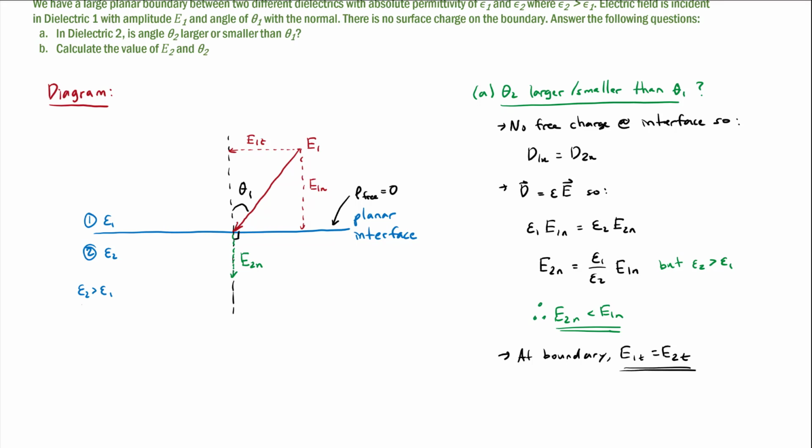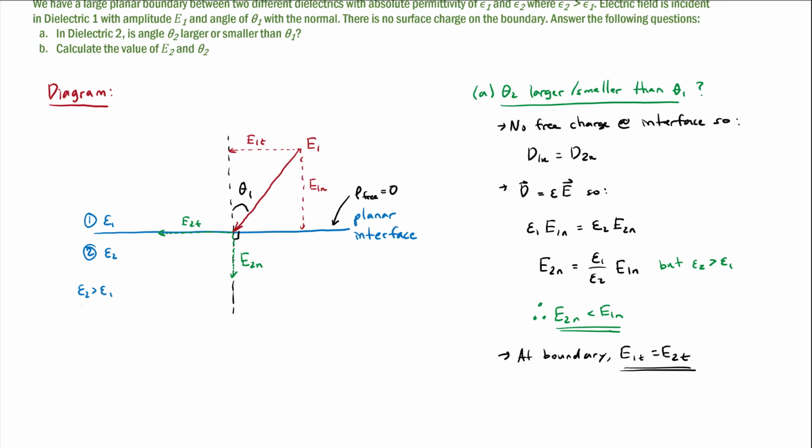So now I can also draw this out. It'll be the same length as this. So we have E2t going this way. Now I'll be able to draw my E2.